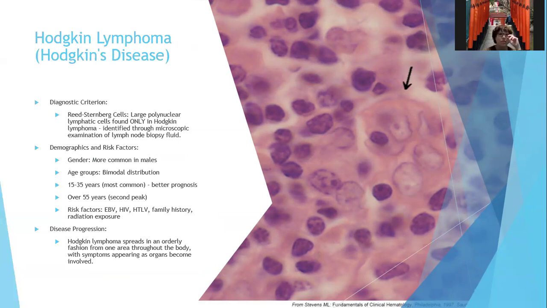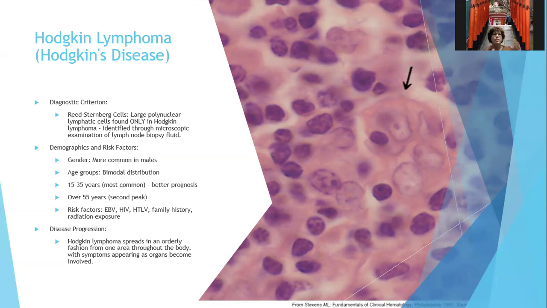Reed-Sternberg cells are identified through microscopic examination of lymph node biopsy fluid. So the arrow is pointing to that Reed-Sternberg cell. You can see it's huge compared to the other lymphocytes in there, and it has multiple nuclei.